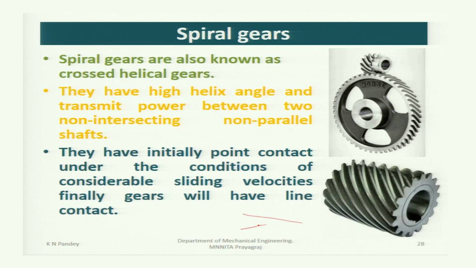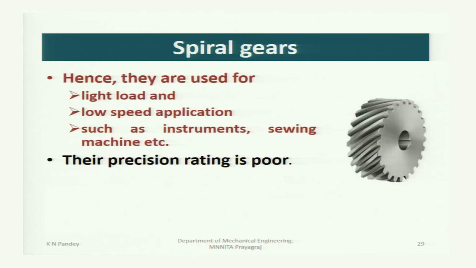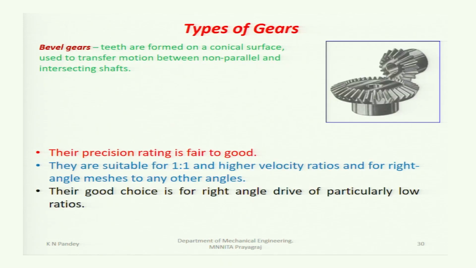Okay. They have initially point contact under the conditions of considerable sliding velocities. Finally, gears will have line contact. Hence, they are used for light load and low speed applications such as instruments, sewing machines, etc. Their precision rating is poor.